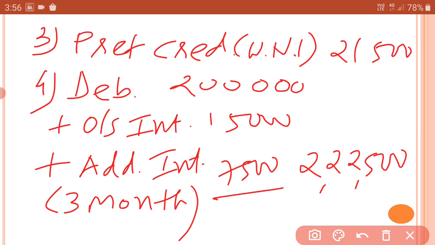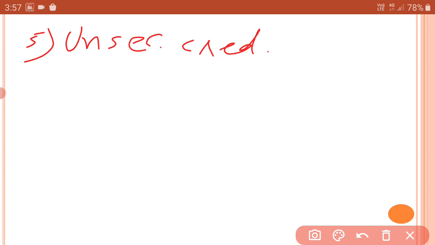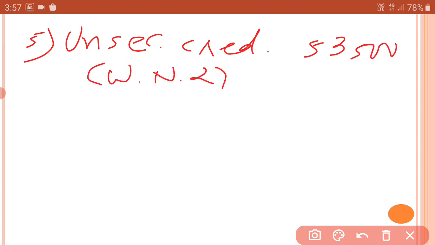Clear that? Then point number 5, unsecured creditors. You calculated unsecured creditors in working note 2, 53,500. In the bracket you can write working note 2. It's your calculation.